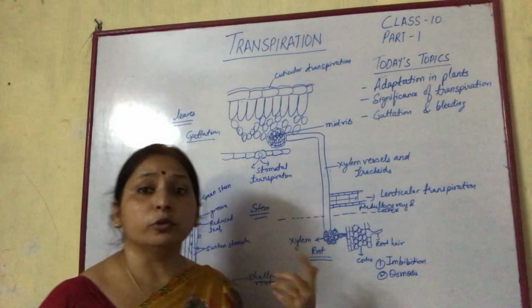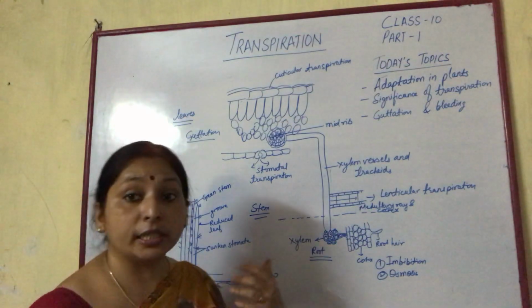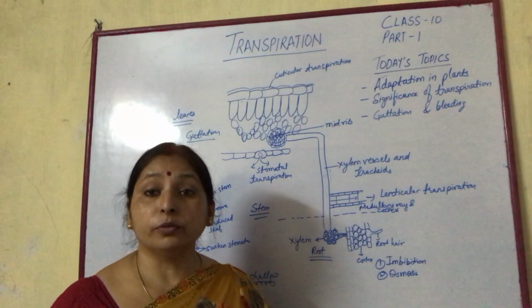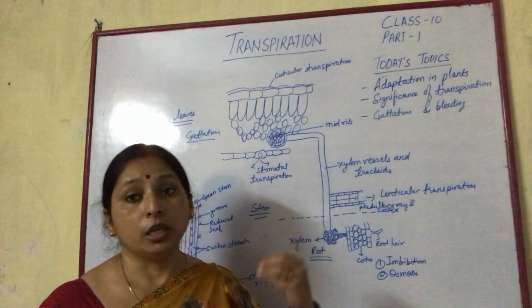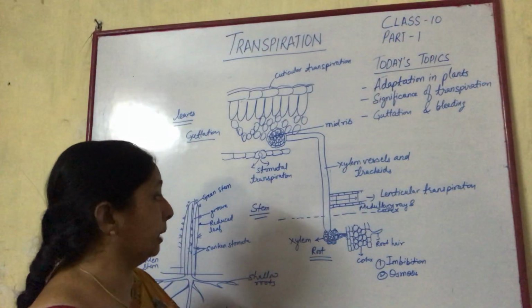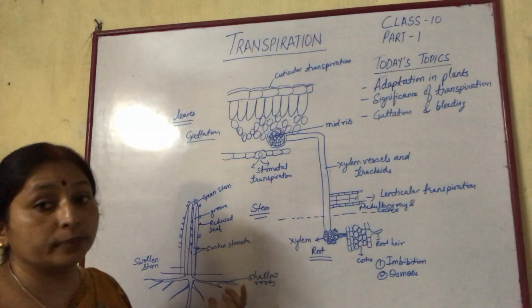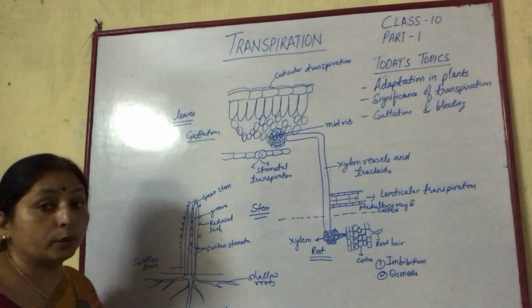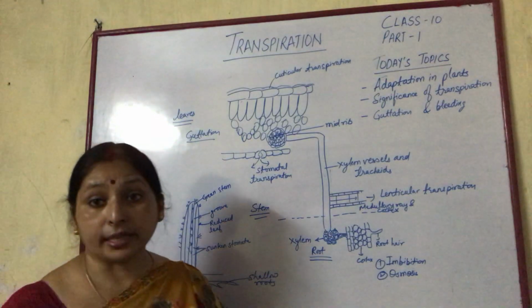So what are the cells involved in that water movement from the lower parts to the shoot of the plants.